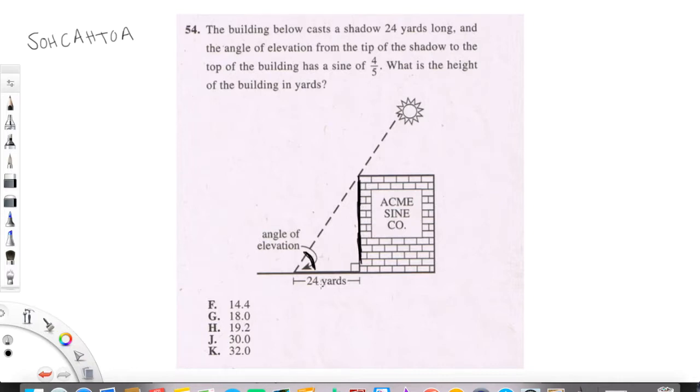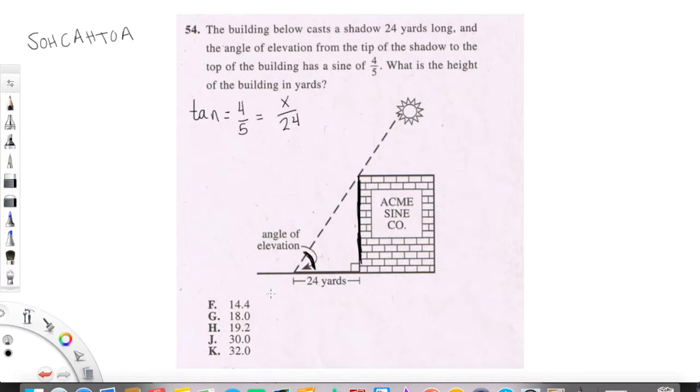Now, usually what we would do, if we had, for instance, the tangent, we would be all set. Because the tangent is opposite over adjacent, and if the tangent ratio is 4/5, and we know that for this angle we have 24 as the adjacent, we put 24 on the bottom, and we could just solve for x.